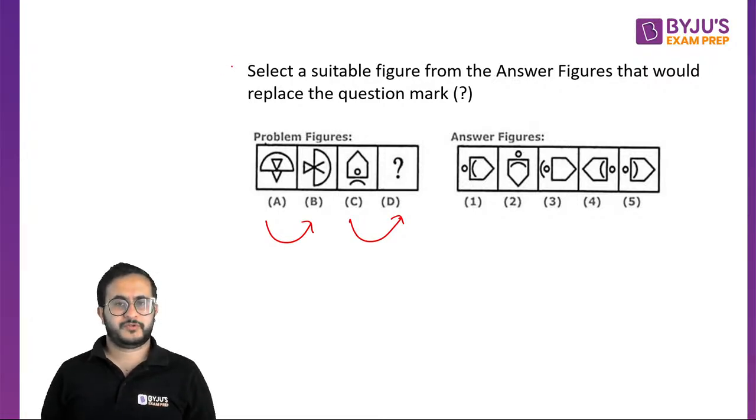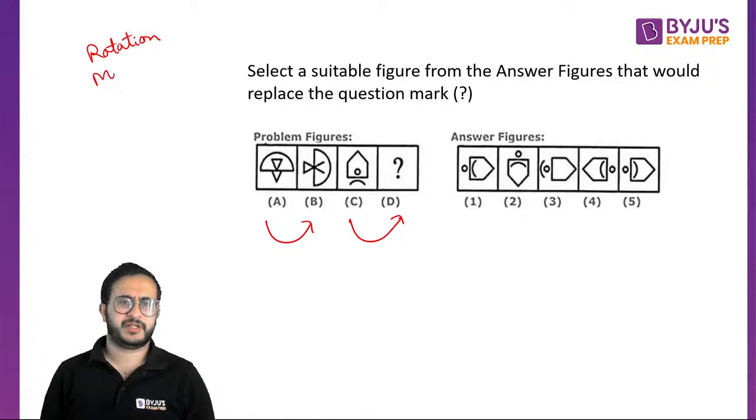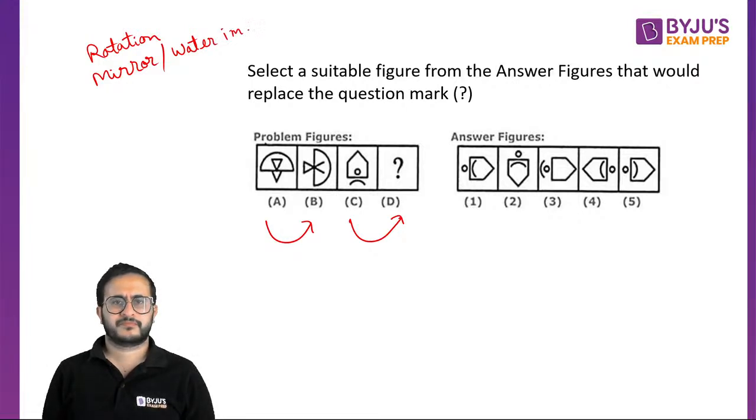So the first thing that we see from A to B is that there are a few things: one thing is rotation, then you have the mirror or water image, and then apart from that, there is shifting. These are the things that you need to keep in mind.